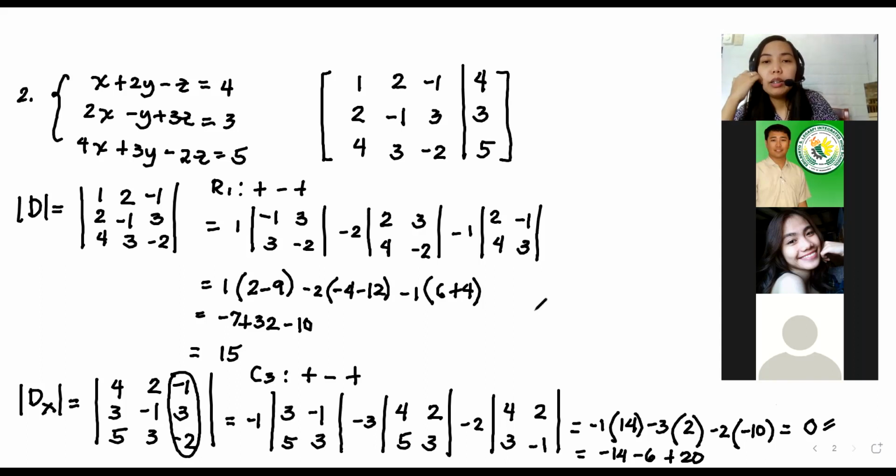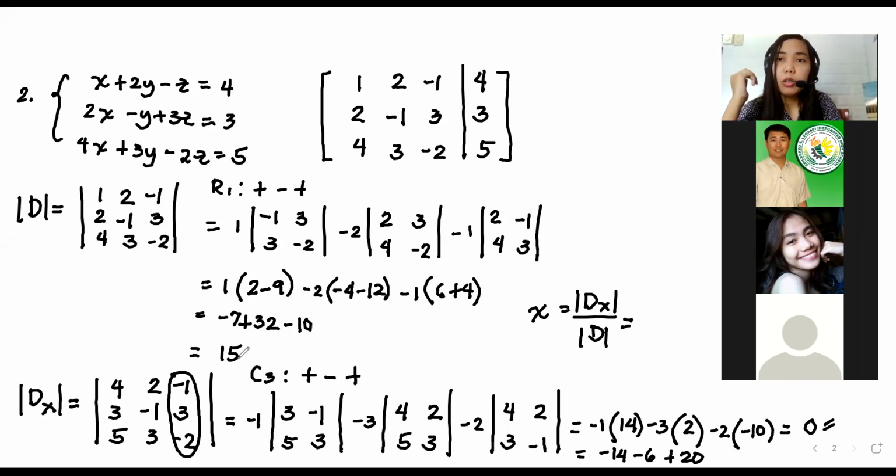Okay? So when we get x, that's dx over d. It's okay, class, for dx to be 0, just not the determinant. That's why we proceeded. It means, class, if your determinant is 0, you no longer need to get dx, dy, or dz if it's 3 unknowns. Here it is non-zero. Okay? It's okay to be negative or positive, just not 0.